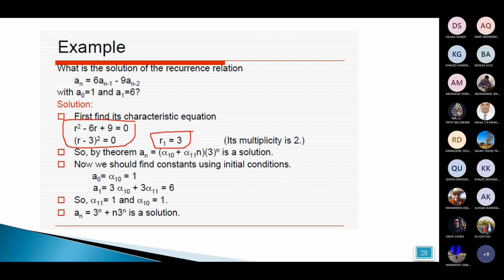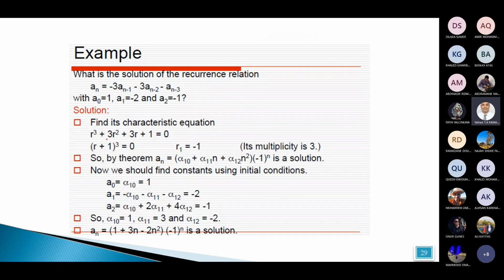Here, it's multiplicity 2 for the solution. Why multiplicity 2? Because we have the same solution 2 times. So this is a multiplicity. When you have something like r minus 3 to the power 2, it's multiplicity 2 for this r.